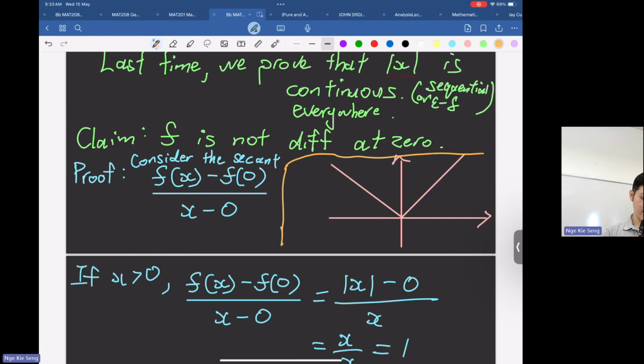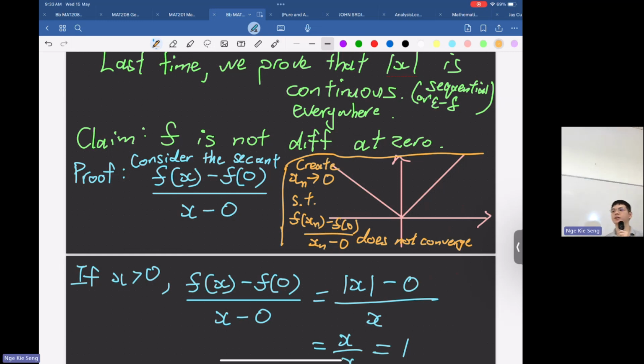You construct a sequence xn converging to 0 such that this sequence here does not converge. This is your job. You need to create a sequence that converges to 0, but the secant sequence does not converge.